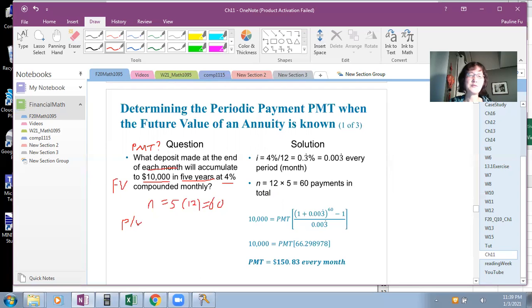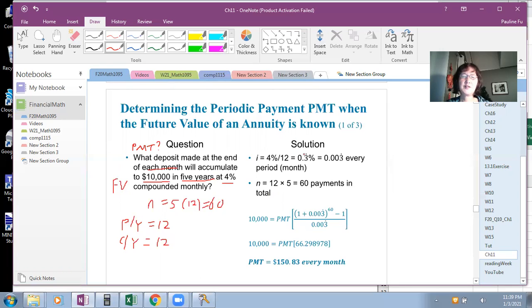So PY represents the number of payments per year. In 1 year you make 12 payments. And interest is compounded monthly, so CY is equal to 12. We can use the 3 methods to figure out what PMT is. Method 1, formula.